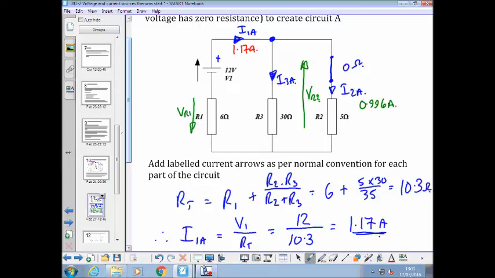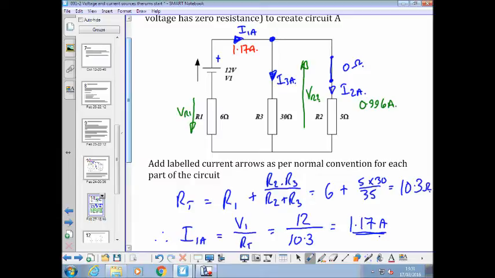Yep. And now I3A, that must be I1A take away that little bit, mustn't it? By Kirchhoff's current law. You with us, Carl? So the current law equation for here, you've got one going in and two coming out, and I would rearrange that.